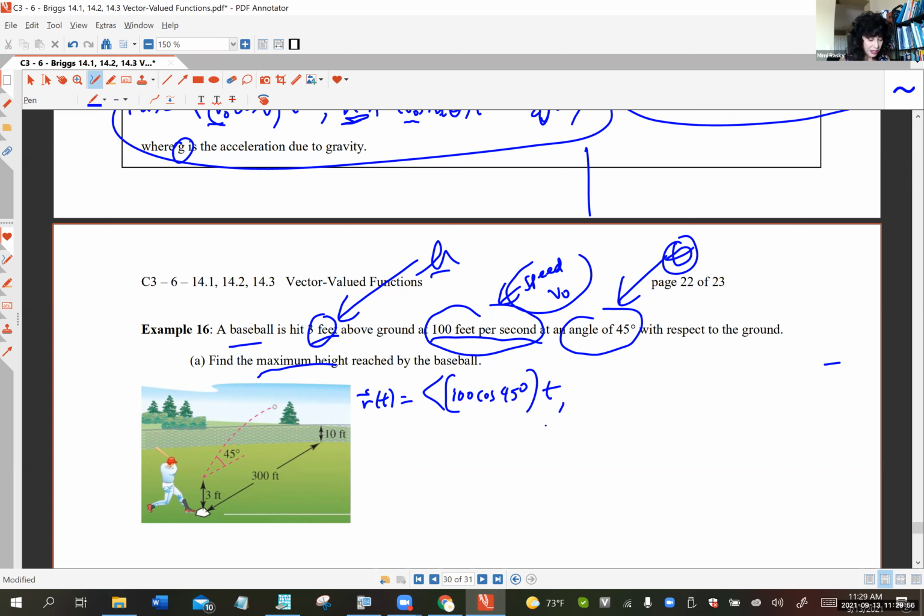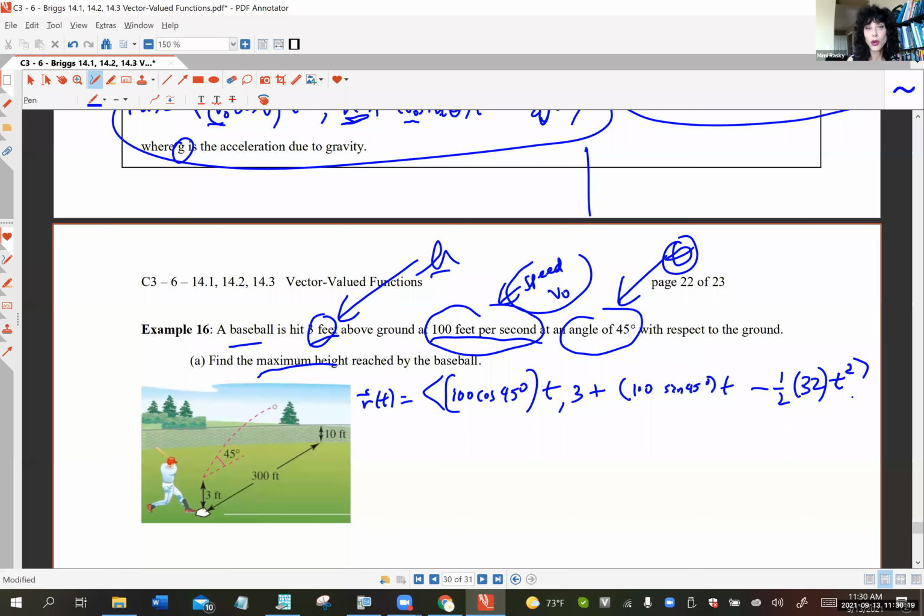The initial height was 3 feet, so 3 plus the 100 sine 45 degrees, whatever that number is, times t, minus 1/2 g, and we all agreed that g was 32 feet per second squared for this problem, t squared.